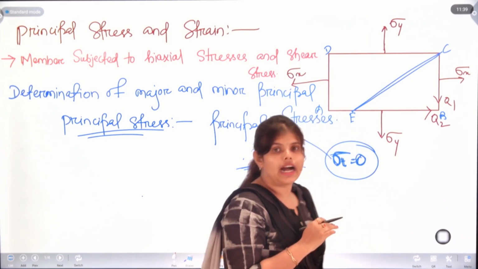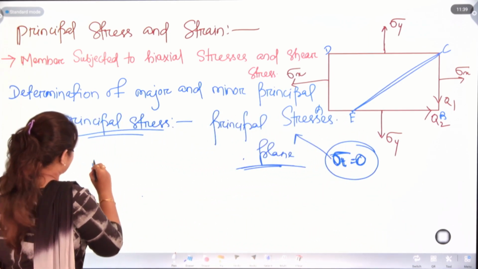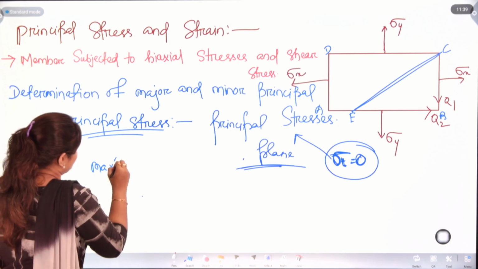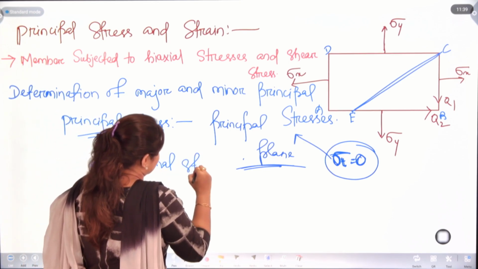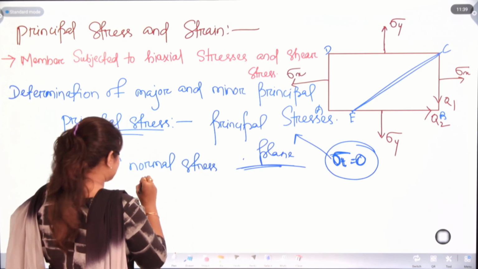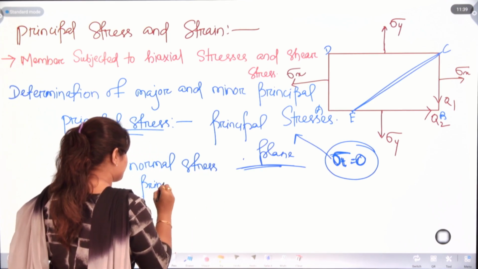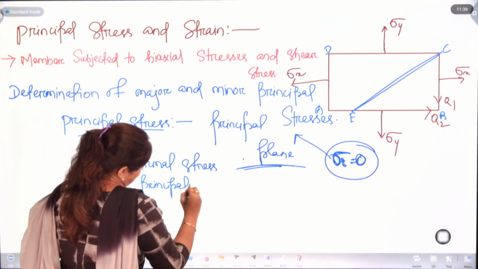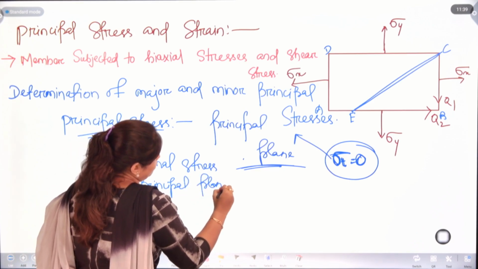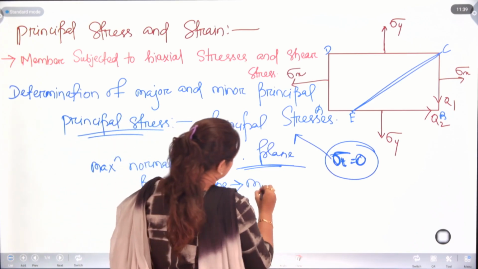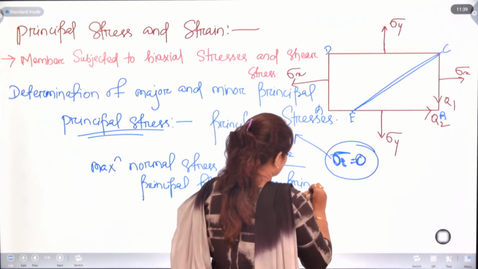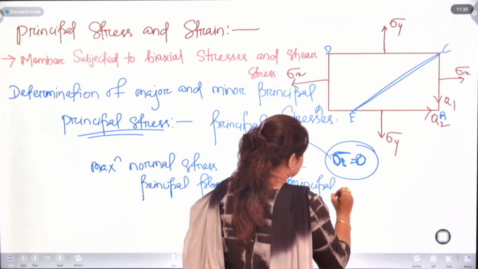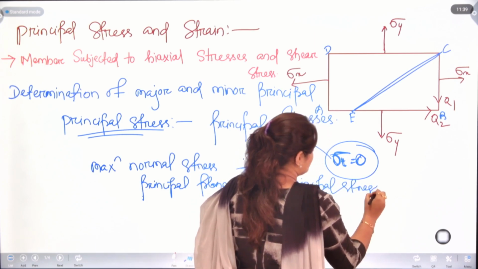We know in case of any principal plane, the maximum normal stress will be termed as major principal stress.